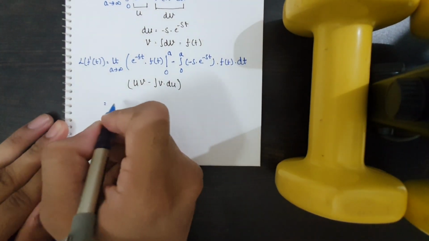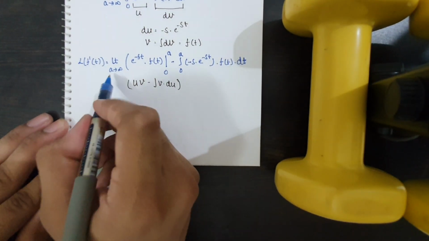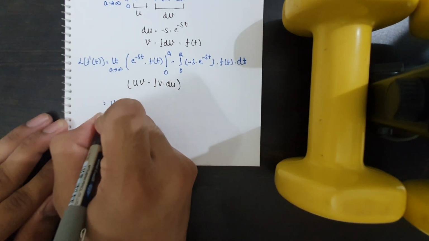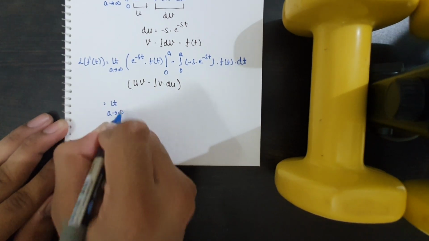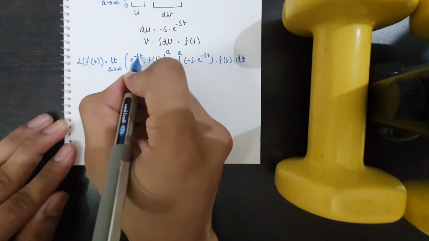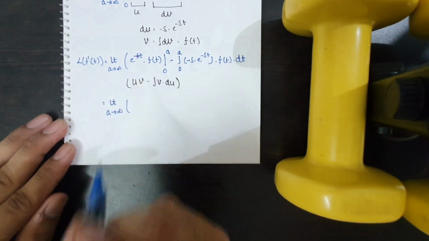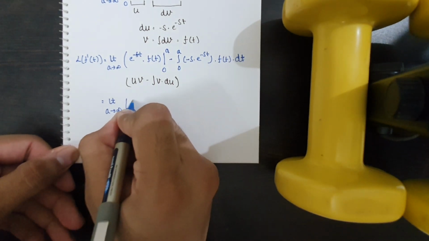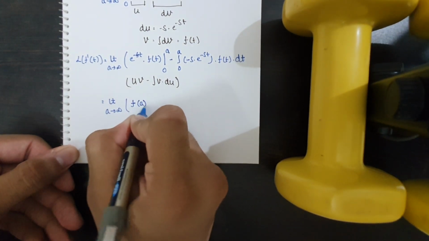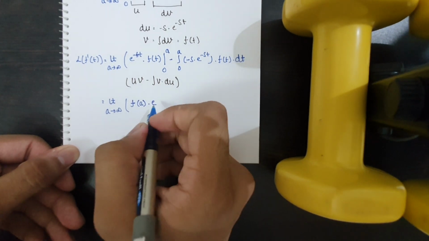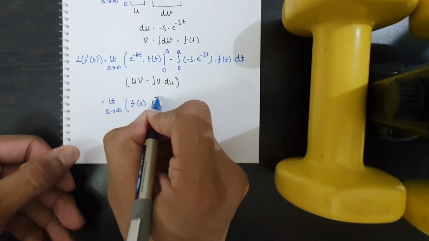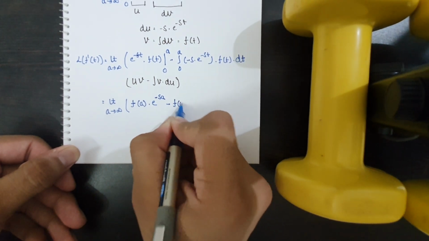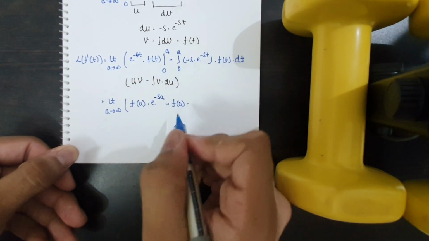Then we can split these into two separate parts. Then we get limit a tends to infinity, this is e power minus st, sorry, that's my mistake. Then we get f of a times e power minus sa, minus f of 0 times e power 0, that is 1.